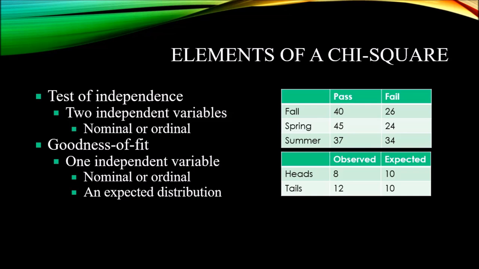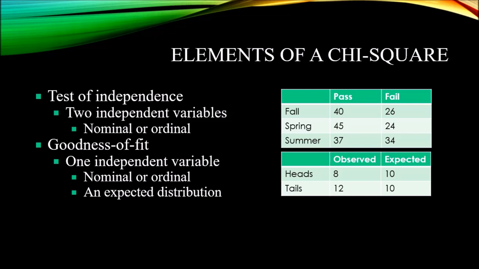For the goodness of fit, we have an expected distribution that's given to us as part of the design, like in this example with a coin toss. For the test of independence, as a part of that process, the expected values for each cell are calculated, and the actual observations are compared to those expected values. The equation for calculating the expected values is the row total multiplied by the column total divided by the total sample size.